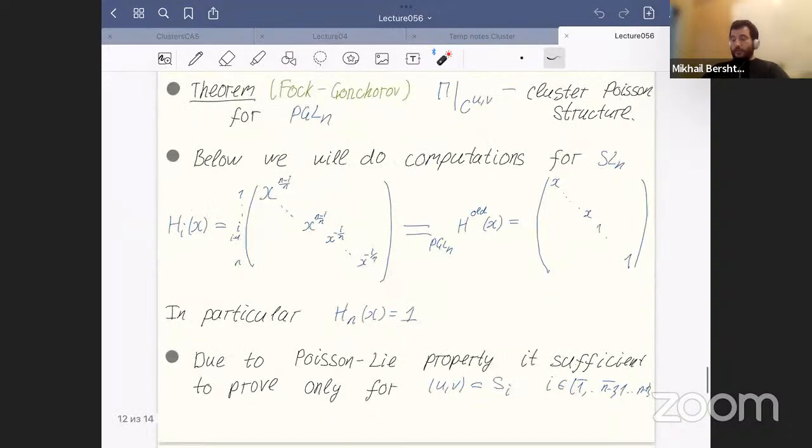And now the theorem of Goncharov: if we restrict this bracket to the double Bruhat cell, then this bracket becomes the cluster Poisson bracket. The theorem is not for GLN but, to be more precise, for PGLN.